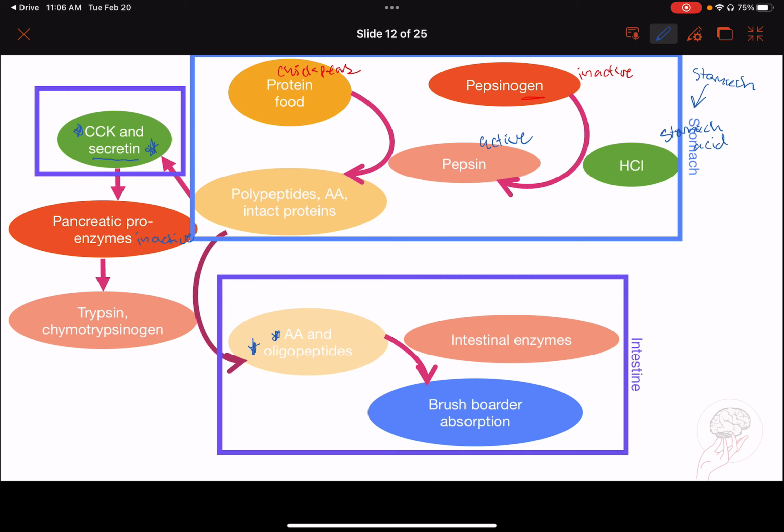This is taking place in the intestine, and CCK and secretin also from the small intestine. And from there, our amino acids and some tripeptides go to the liver via the portal vein.